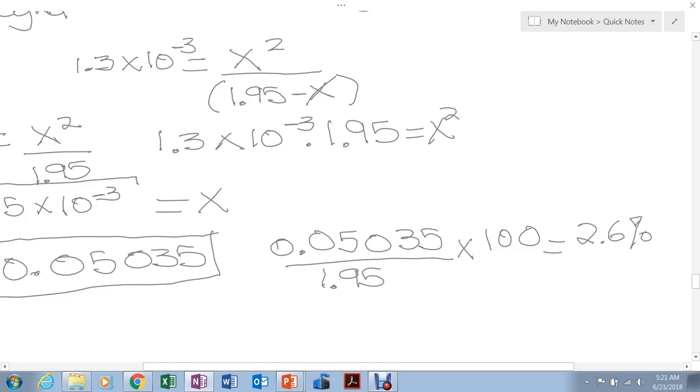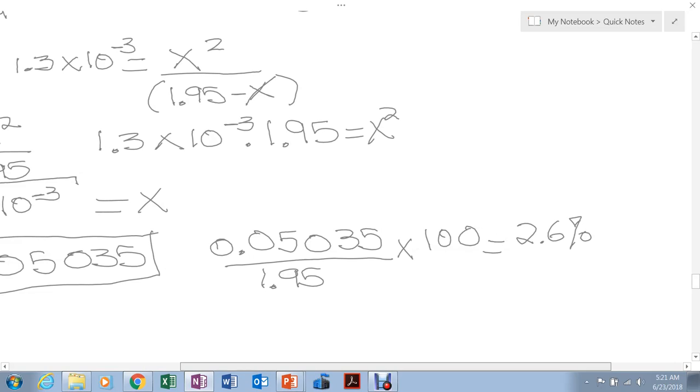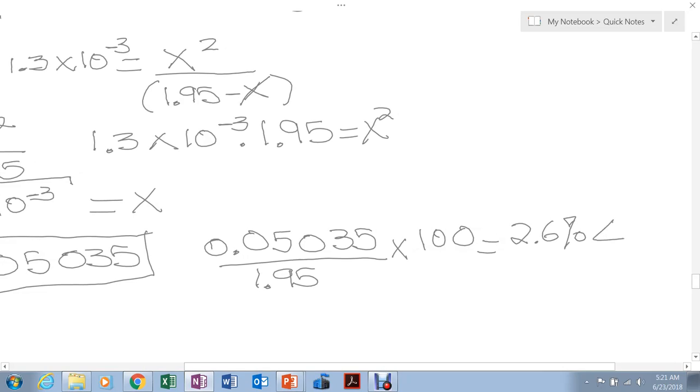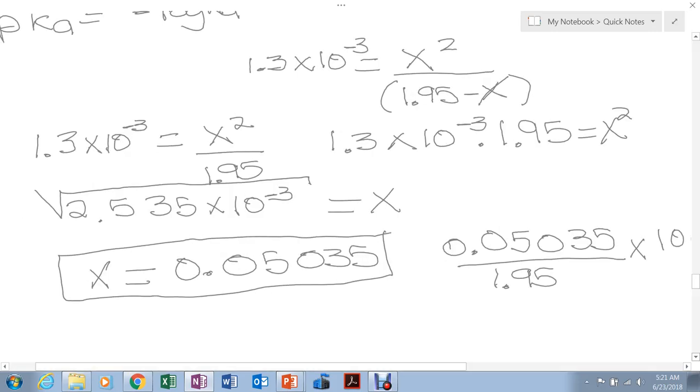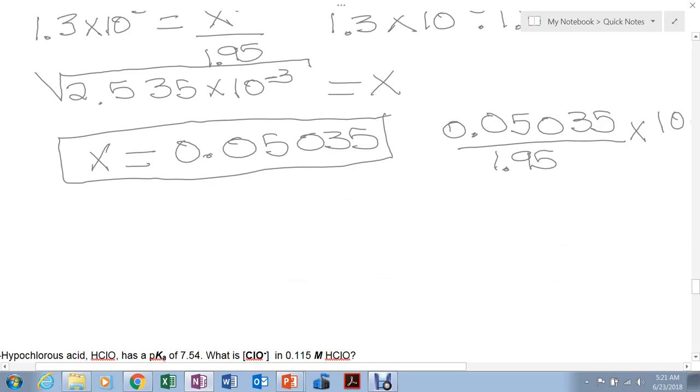Of course, this is less than 5, so dropping the x was correct.